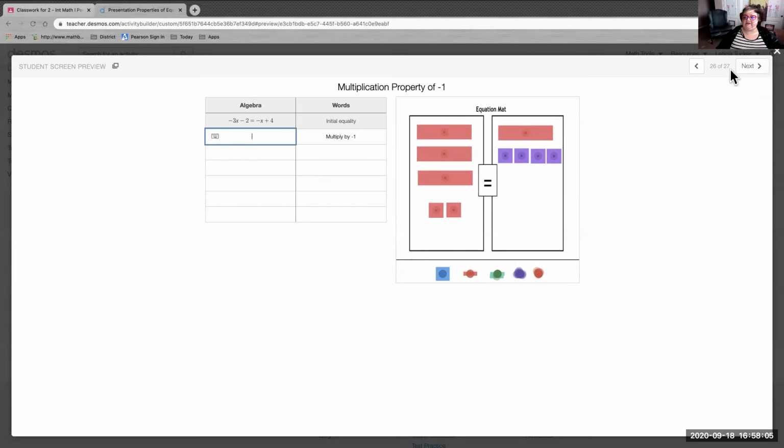So try stuff. You can always undo it. Just make sure that you are using these properties. If you use the properties, you just try a bunch of them, maybe try the opposite, try different numbers. If you do that, you're going to get to the answer, okay?